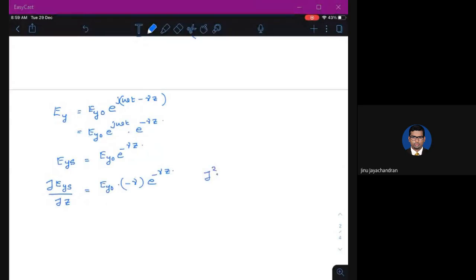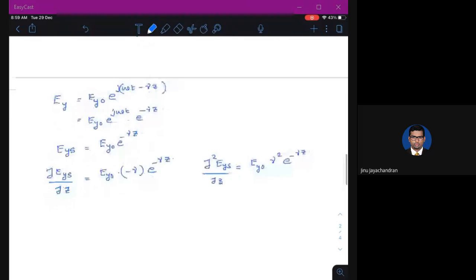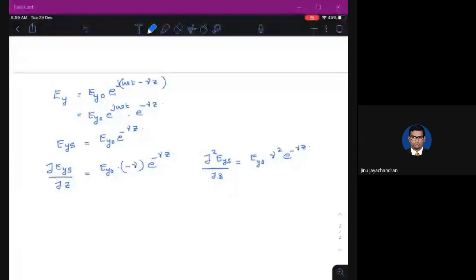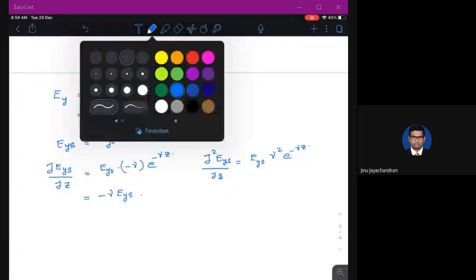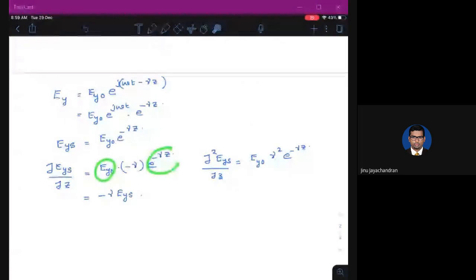Similarly, dou square EYS by dou z square is equal to EY0 gamma square e raised to minus gamma z. So dou EYS by dou z is actually minus gamma into EYS, because when you combine this, this is EYS, then you multiply it by minus gamma. Similarly, in this case, this is equal to gamma square EYS.